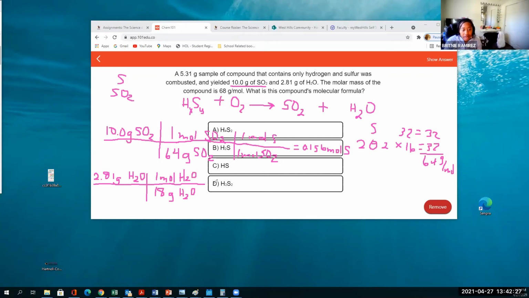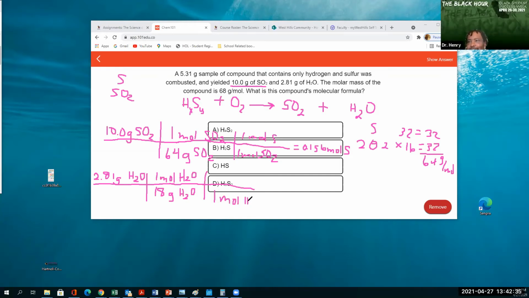And for every one mole of H2O, there's two moles of H, right? That is correct.